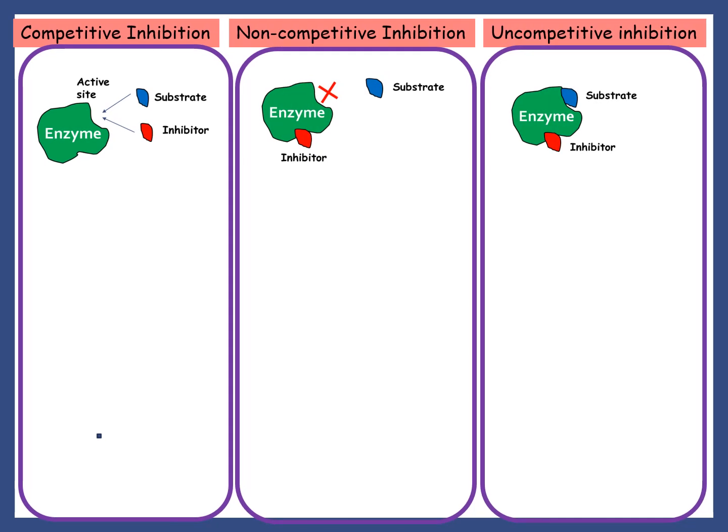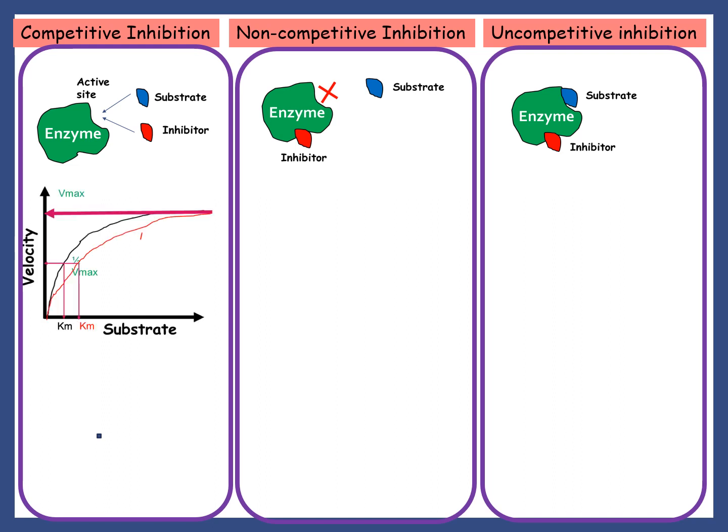Competitive inhibition, non-competitive inhibition, and uncompetitive inhibition are shown here, and let's have a look at how each one of them is going to impact the enzyme kinetics. In the case of competitive inhibition, you can see that both substrate and inhibitor are competing for the active site.